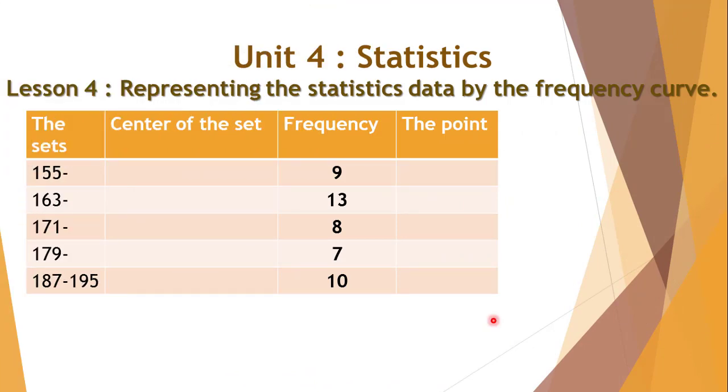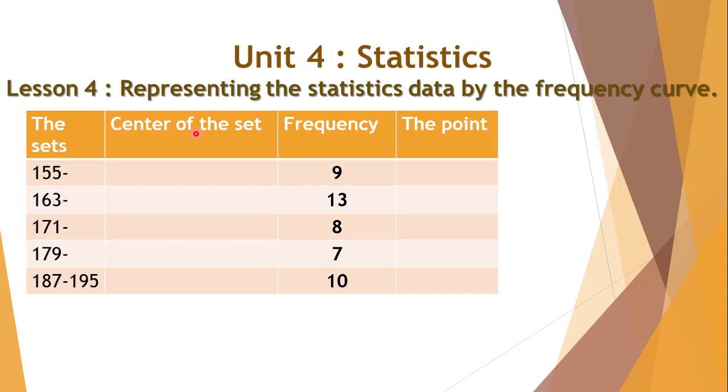The new table will be like this. We have the sets. We will calculate the center of each set, and we have the same frequency. We will write the frequency as we counted before, and then we will determine the point. Okay, so the first set, from 155 to 163.